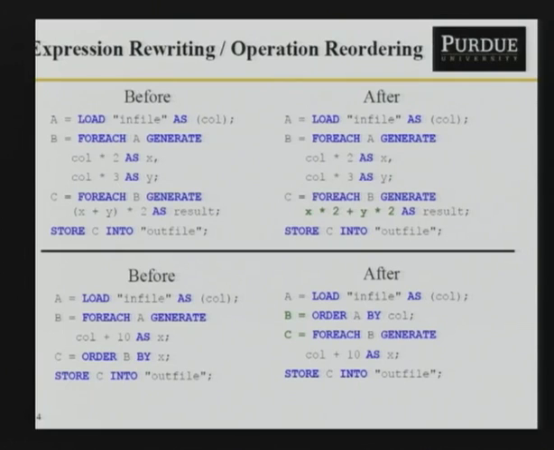We start by loading a file with a single column called col, and we perform column times 2 and column times 3 to get x and y. So this means x and y are encrypted in an MHE scheme. And then what we want to do is x plus y times 2. So in order for us to do that, we need to re-encrypt x to an AHE scheme.